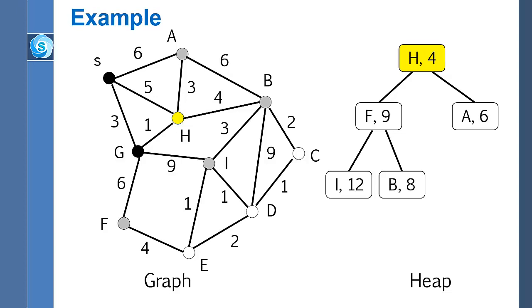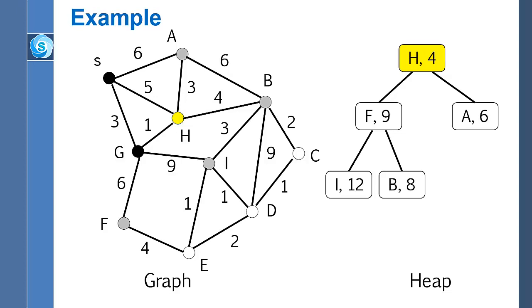So we do have to check up on capital A. What is H dot little d plus the weight of the edge connecting H to A? Well, that would be 4 plus 3, which is equal to 7.